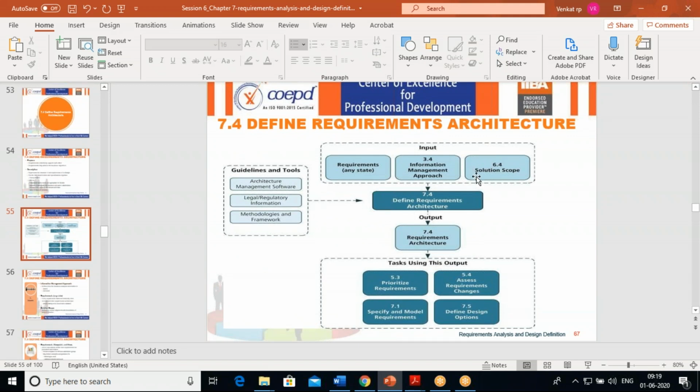Now, define requirements architecture. We have three inputs here: requirements, the second one is information management approach, and the third one is solution scope. The guidelines we use here are requirements architecture software, the legal and regulatory information, and methodologies and frameworks, and the output we are going to get is a requirements architecture. Fine.